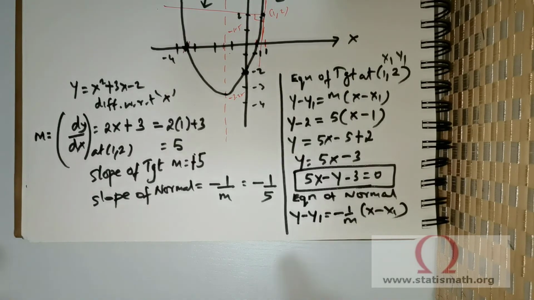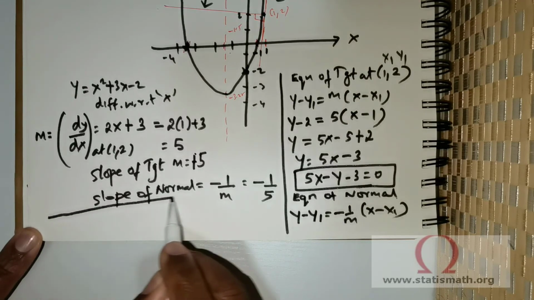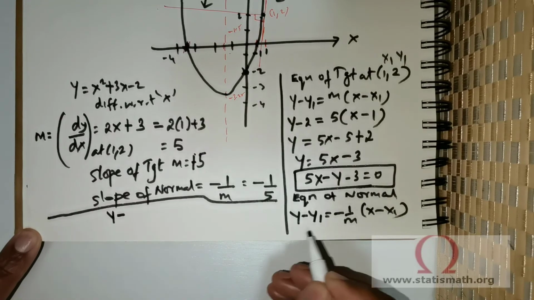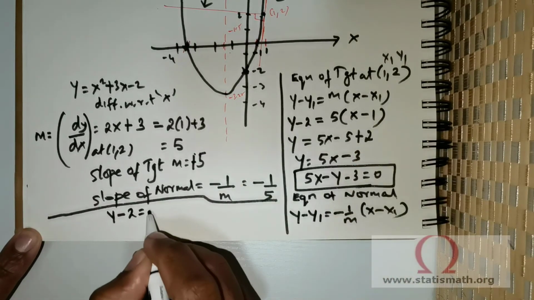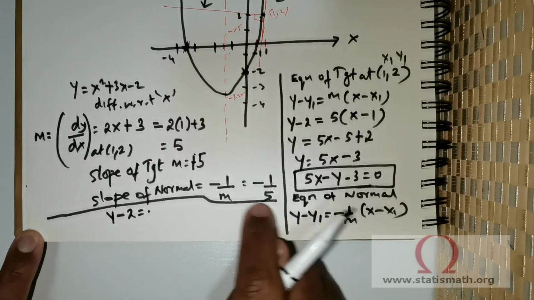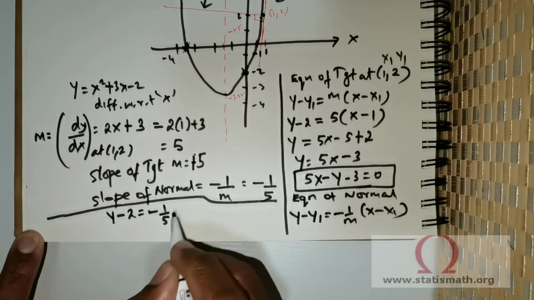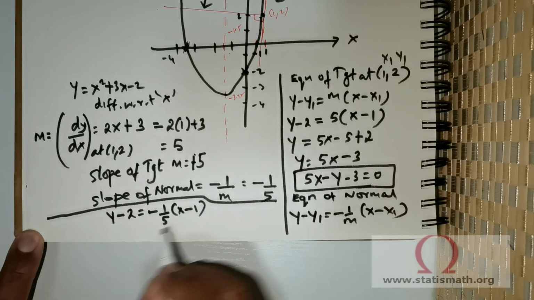This is the equation you have to use. In place of y1, I would be substituting 2, so y − 2 is equal to, in place of −1/m, −1/5, times (x − x1), and x1 is going to be 1 there. So that's what you get.